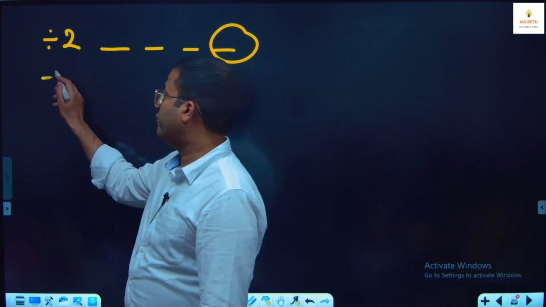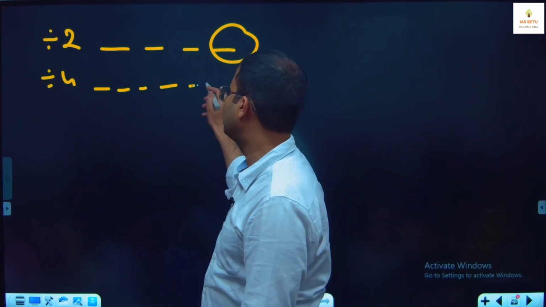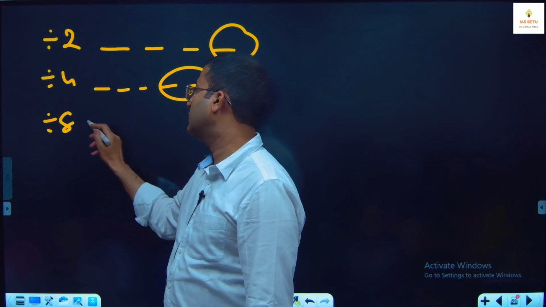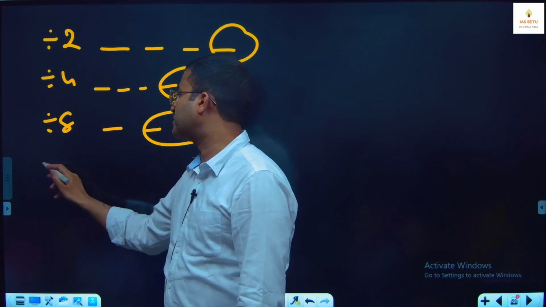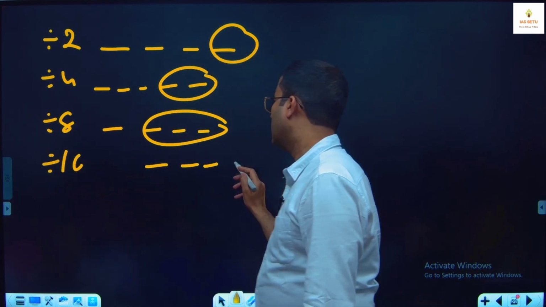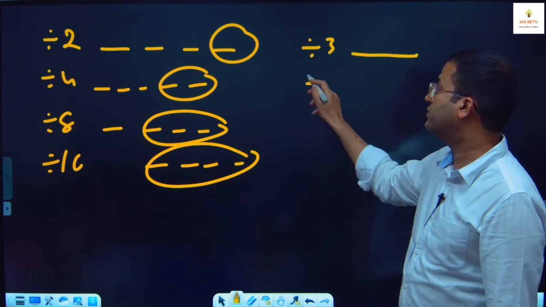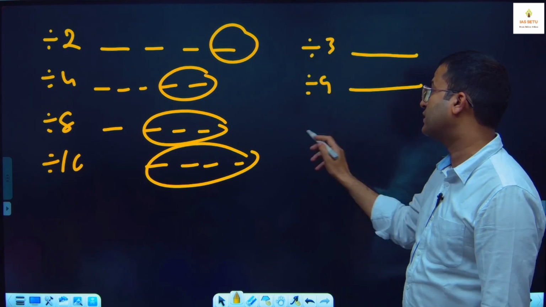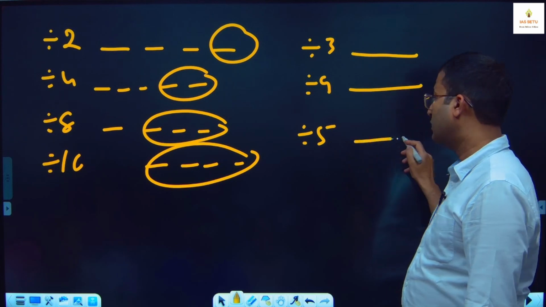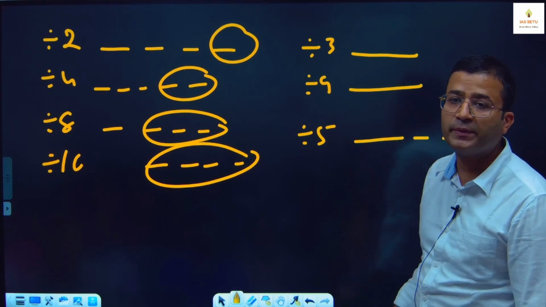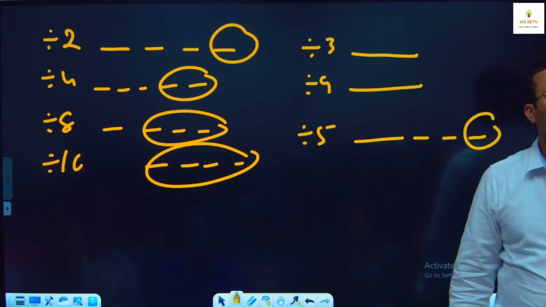Next is divisibility of 4, last 2 digits. Divisibility of 8, divisibility of 16, divisibility of 3, sum of the digits. Divisibility of 9, sum of the digits. Divisibility of 5, last digit has to be 5 or 0.